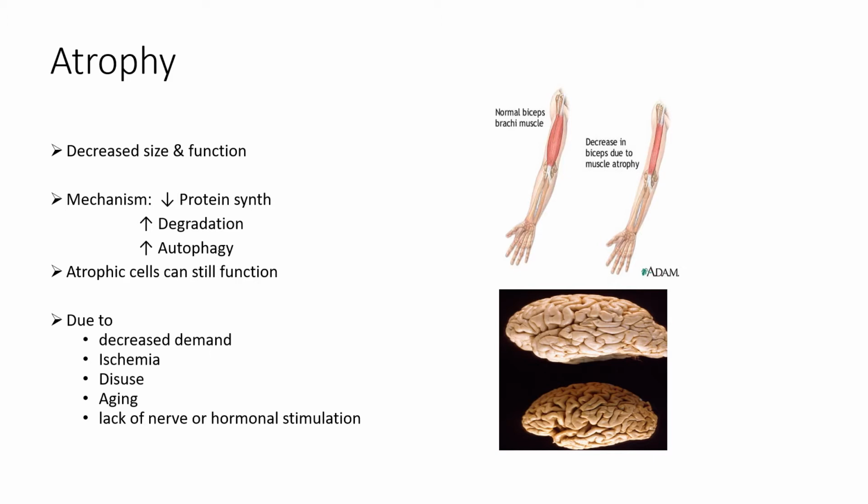Examples here as you can see in the pictures. The first one is the muscle. The normal biceps muscle as you can see it here, and to the right is the biceps muscle with muscle atrophy. متى ممكن هذا الاشي يصير؟ لما يكون في مثلا decreased demand عليها او في disuse لإلها. Examples لما يصير في مثلا fracture كسر وتنحط الايد في الكاست في الجبيرة فبالتالي الإنسان ما بيستخدم هاي المصل وبتضلها فترة طويلة بدون حركة فبتضمر.